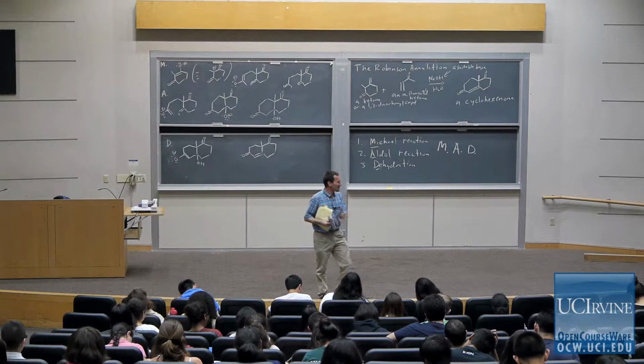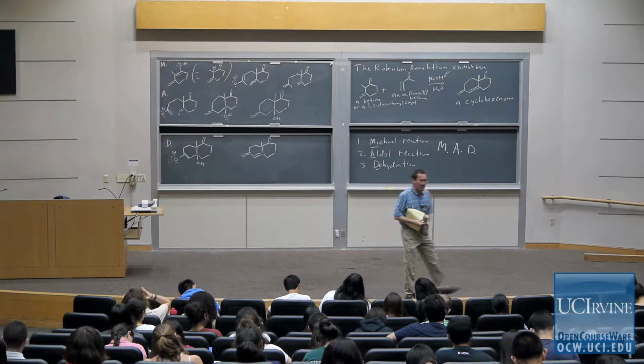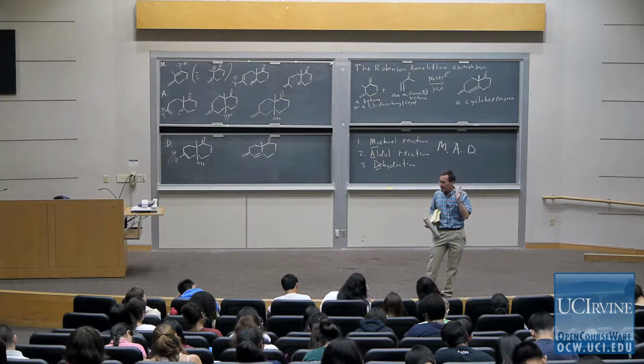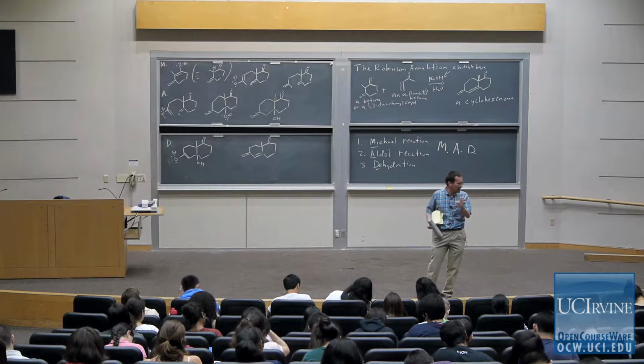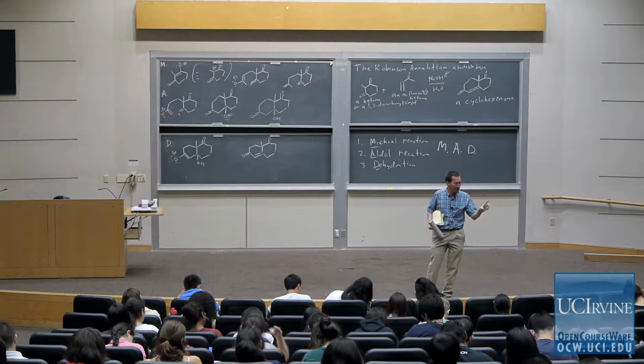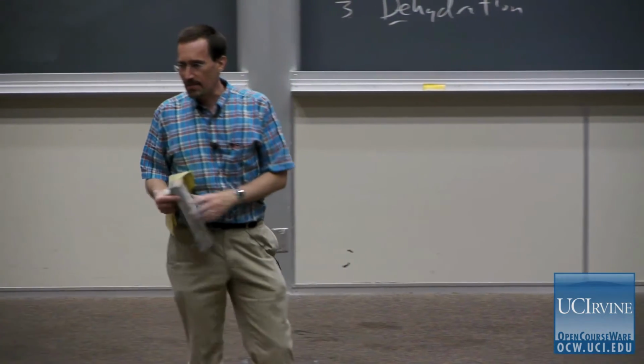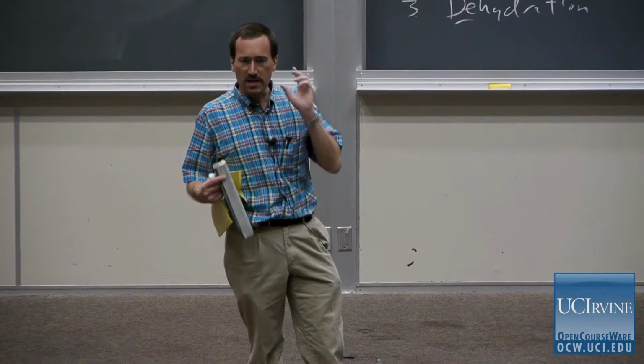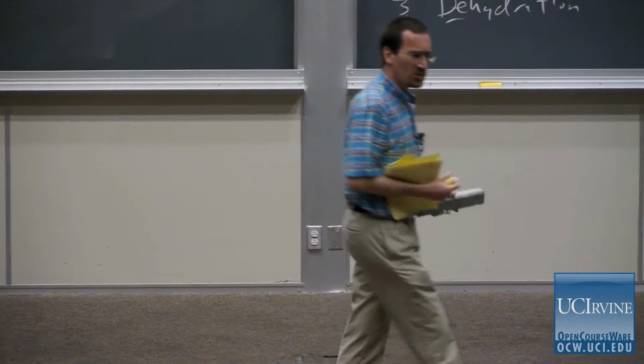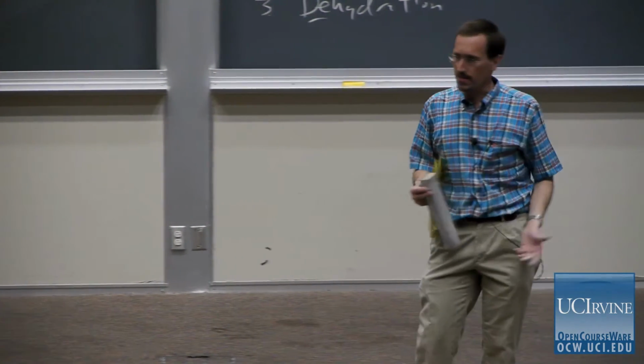In the absence of something chiral to direct the reaction, we get as much of one enantiomer as the other. And one of the big areas of organic chemistry these days is being able to direct chemistry to get a single enantiomer.